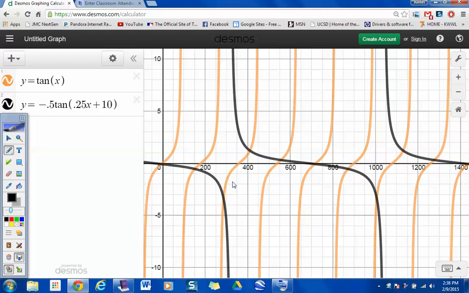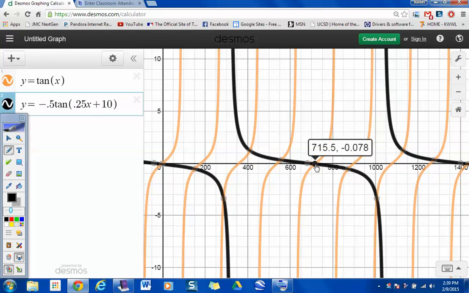Okay. Check this out. This function right here, that's a good one. So this point right here. You guys see your new points right here on that function? Do you agree that the point here and here match each other for that tangent function? We went from negative 4.5 degrees up to how many degrees here? 715.5.